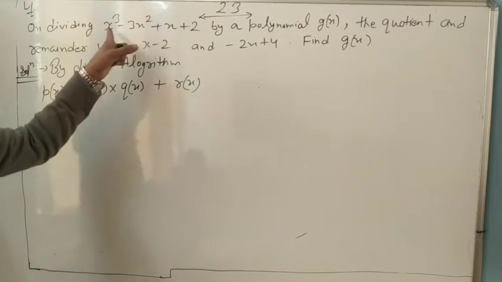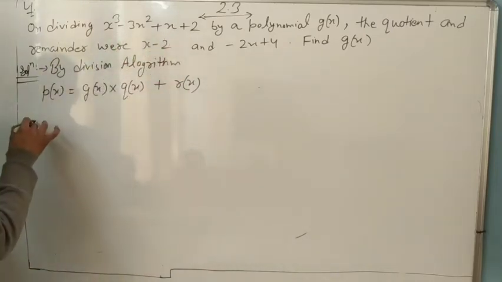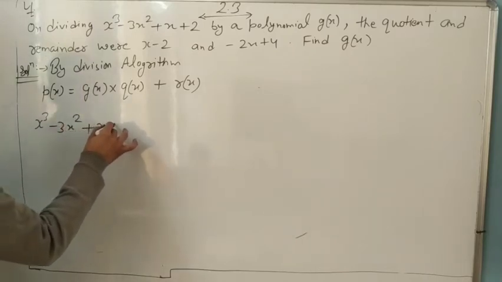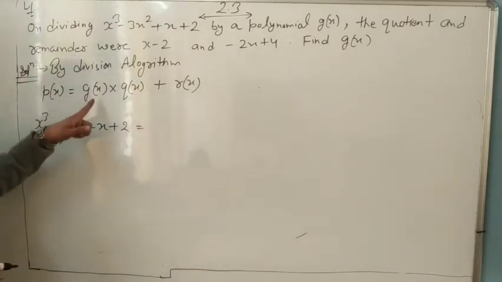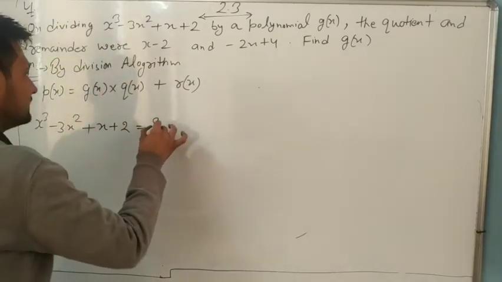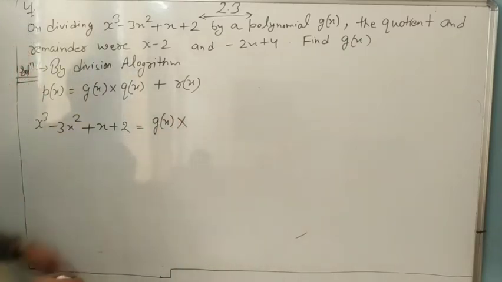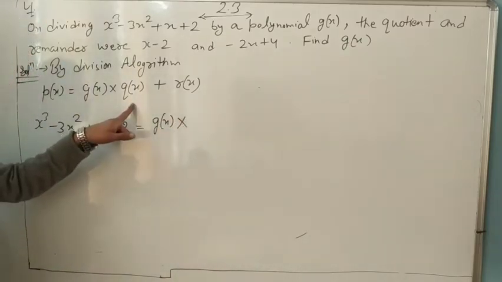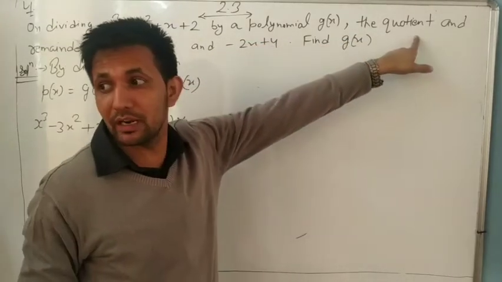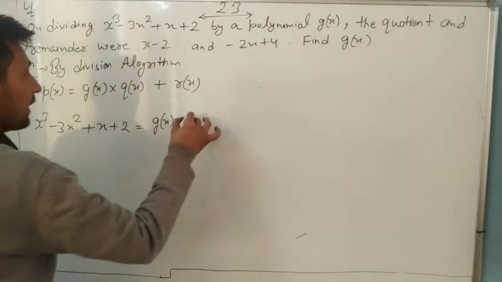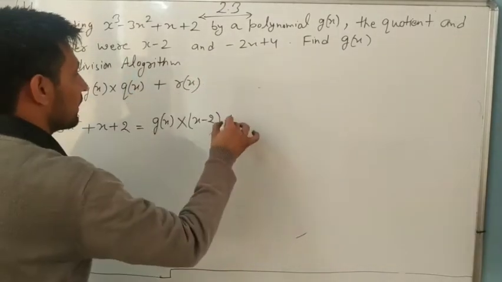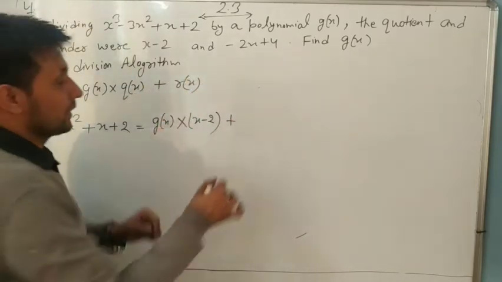Okay, now what is p(x)? We write x cube minus 3x square plus x plus 2 equals g(x), which we want to find, written as it is, multiplied by q(x). q(x) means the quotient. Look at the quotient: x minus 2, plus the remainder. What is the remainder?